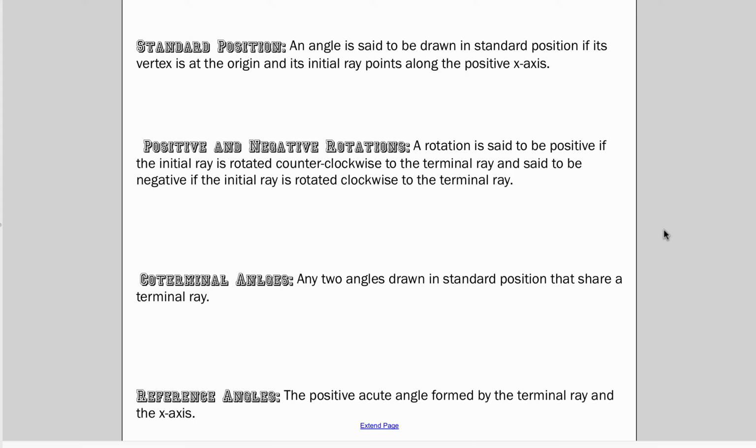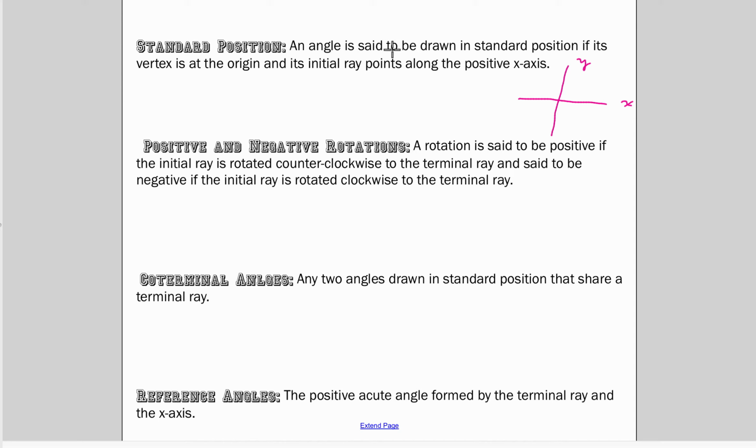Standard position. An angle is said to be drawn in standard position if its vertex is at the origin and its initial ray points along the positive x-axis. What does that mean? Well, basically this is what we did. We took the sun and we made it into the x and y axis. And we're going to change those names later when we do trigonometry. But then we drew on them an angle.